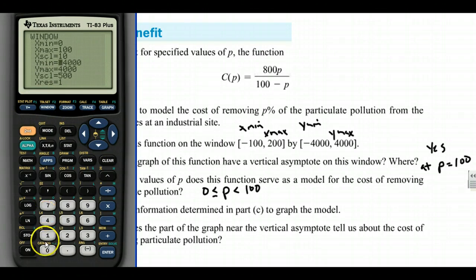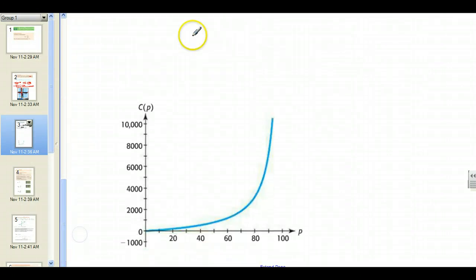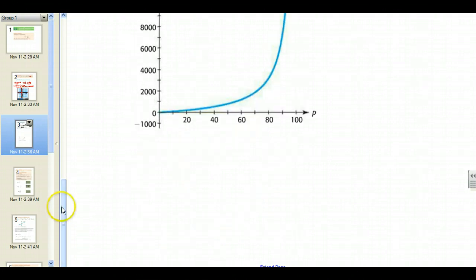So I'm going to make that y minimum 0. So there's our function. Okay. Now I'm going to scroll down here. I've put a graph down here. This would be our answer to part D.